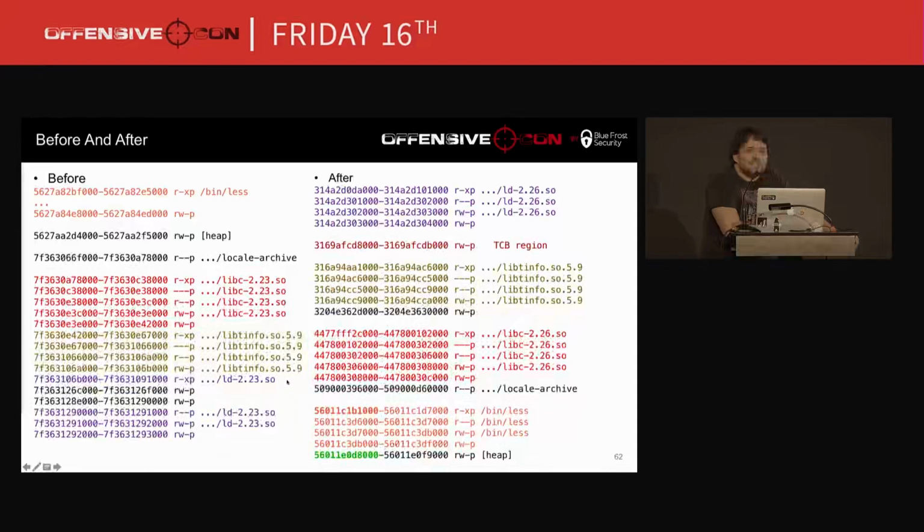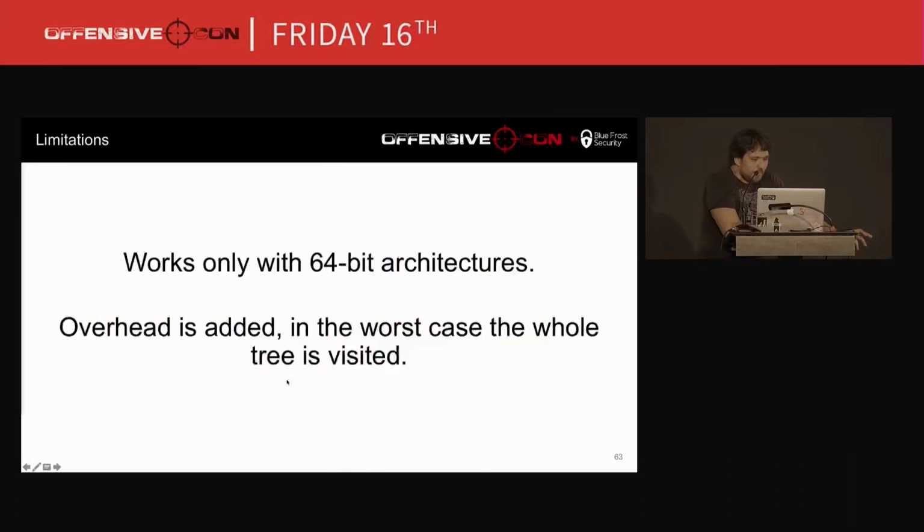Of course, the ideal way to fix this issue would be to look at each different type of segment. For example, you have a stack, so you need to have some separate regions for that. And you have libraries, you have some separate regions for libraries and so on. But I think it's complicated, and maybe someday we will see this approach. So what are the limitations?